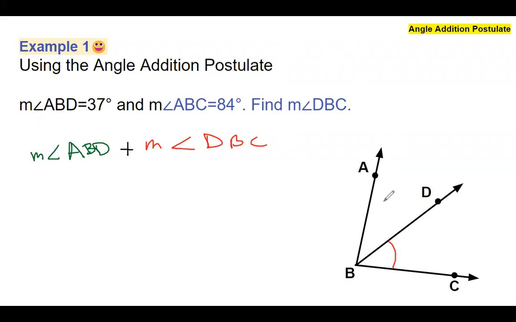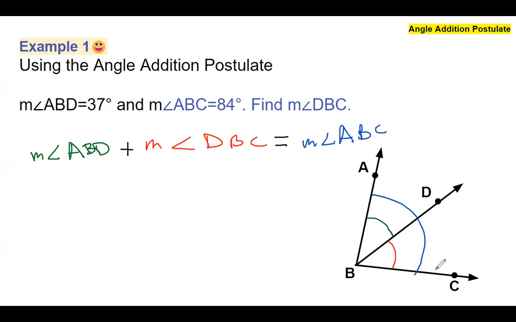And this one is angle ABD. And in total, whenever I add those two together, it should equal what angle? ABC. So I'm going to make sure that I have it as a result. ABC, measurement of angle ABC. Perfect. My entire beautiful angle.